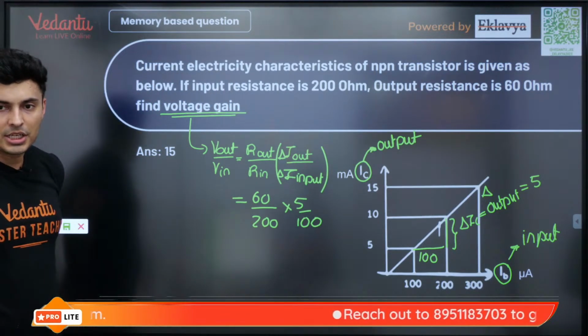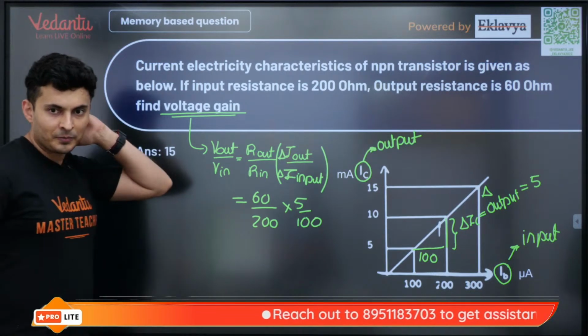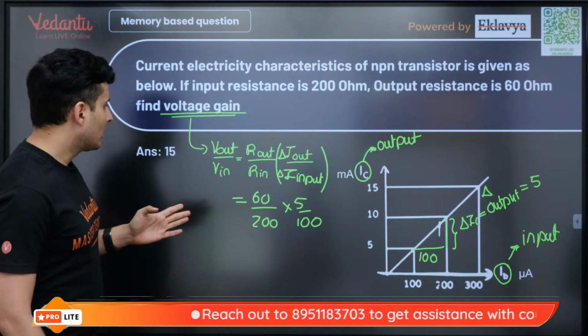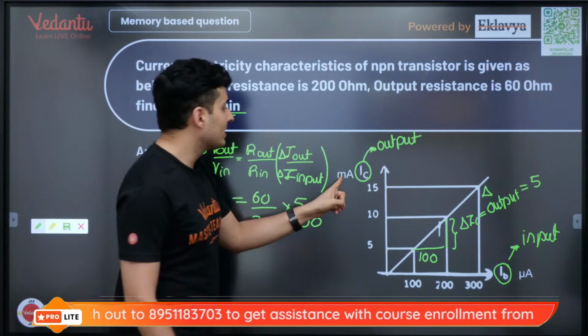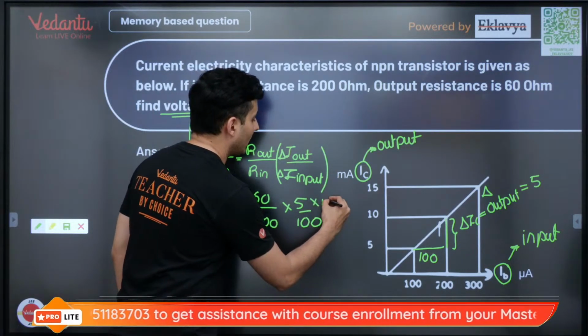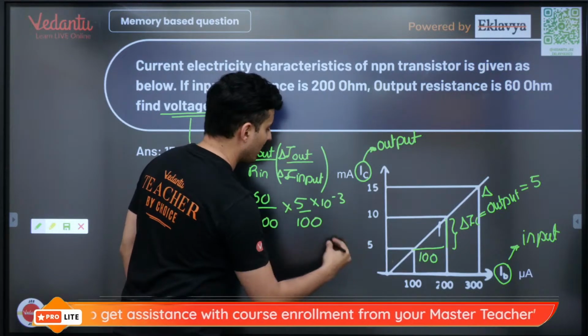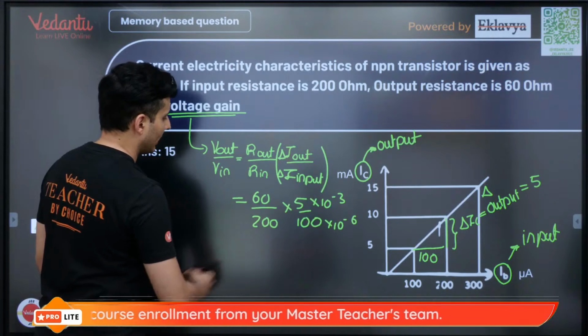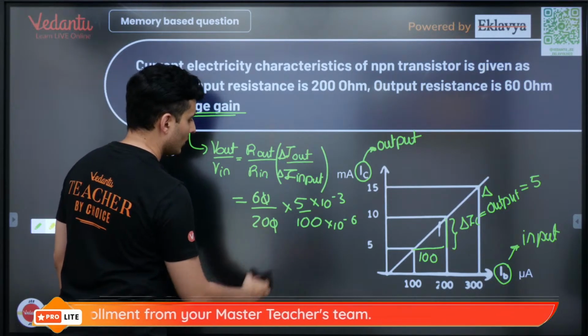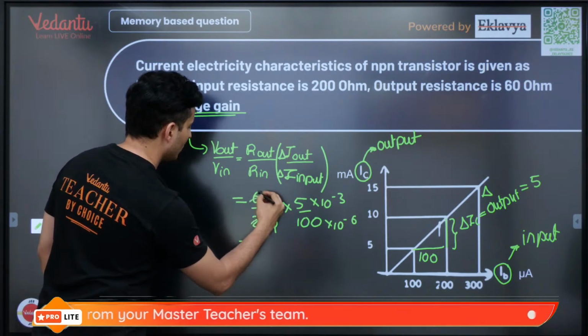Oh, but this was in milliampere, so you need to put 10 to the power minus 3, and this was microampere, so you need to put 10 to the power minus 6. Now you need to do the math. Cancel this 0, and this will become 2, 3.